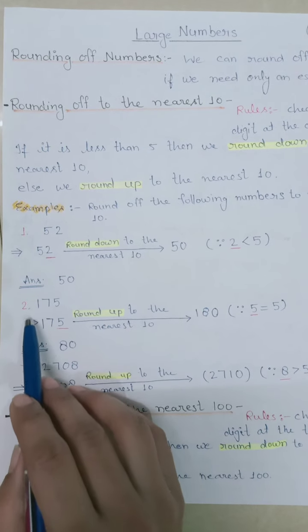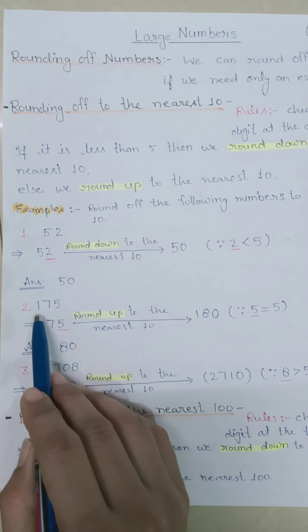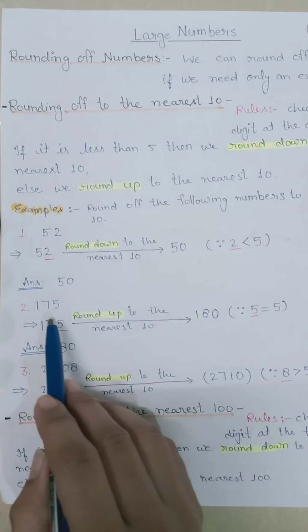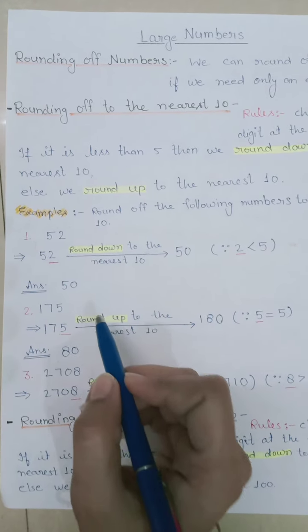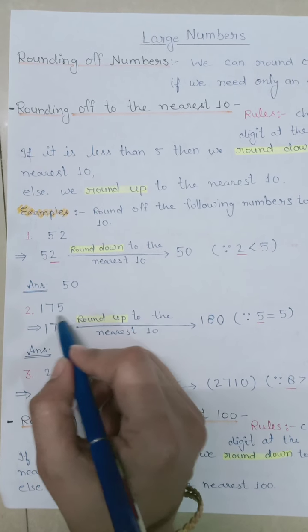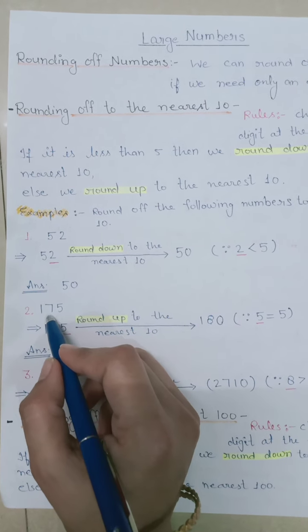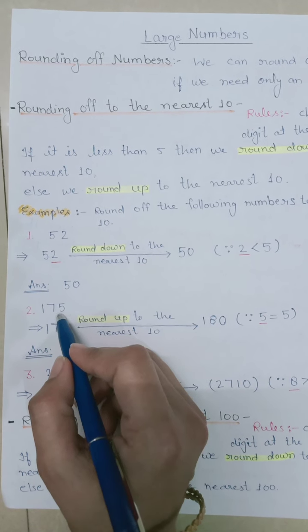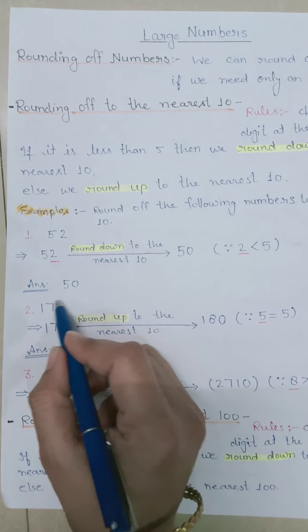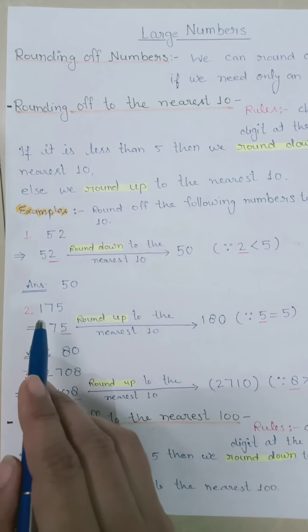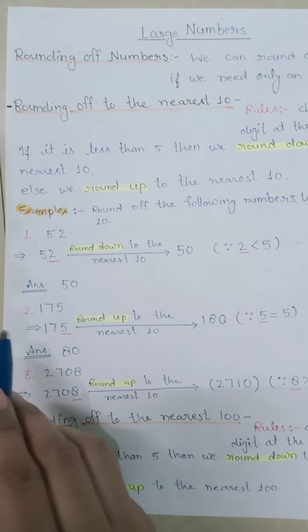Now come to the next example. Here the number given to us is 175. Students, learn one more thing: it makes no difference how many digits there are. If we have to round off to the nearest 10, we only look at the digit at the ones place, whether it is a 3-digit number or a 4-digit number.